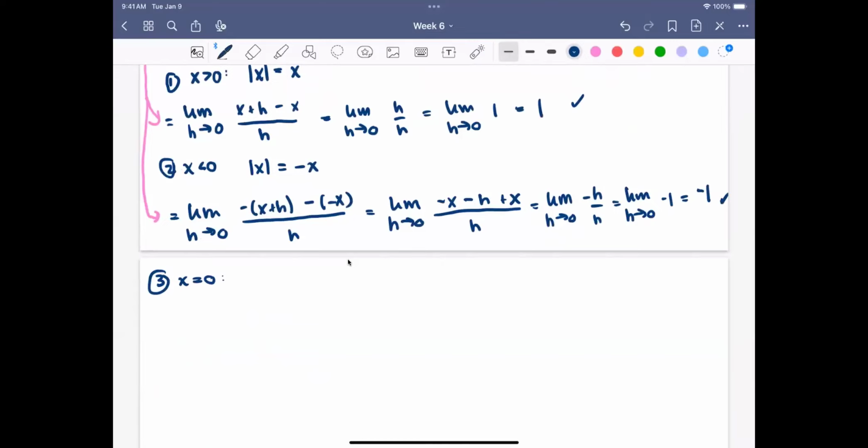So now I'll do the third case, which is x equals 0. I need to do two one-sided limits and see if they agree.